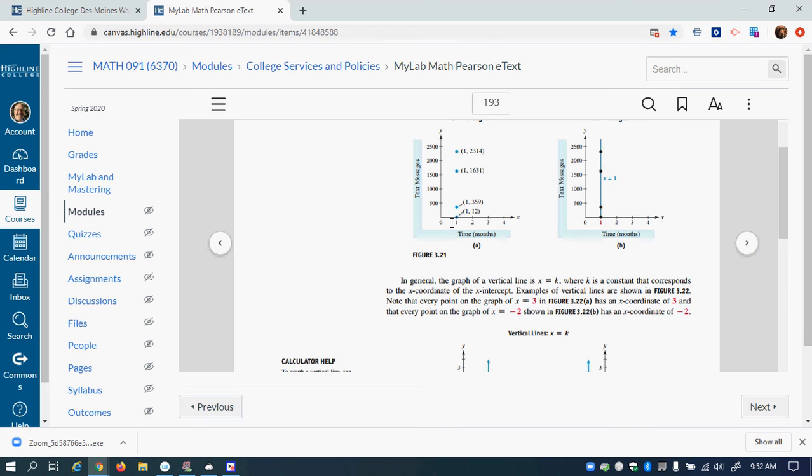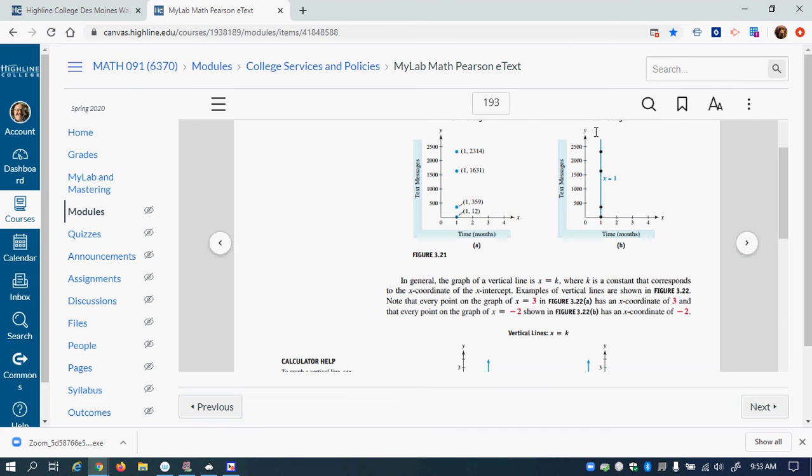Okay, so we could have 1, 12. So for 1 month, we've had 12 text messages, or we may have another 1 month where we actually did 359 text messages. So we can see how we get a line that goes up and down, which we call vertical.